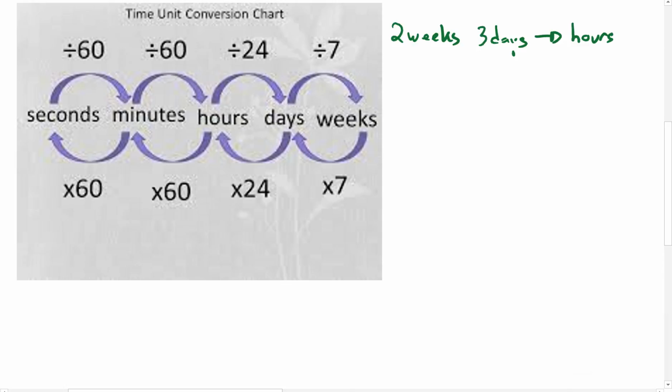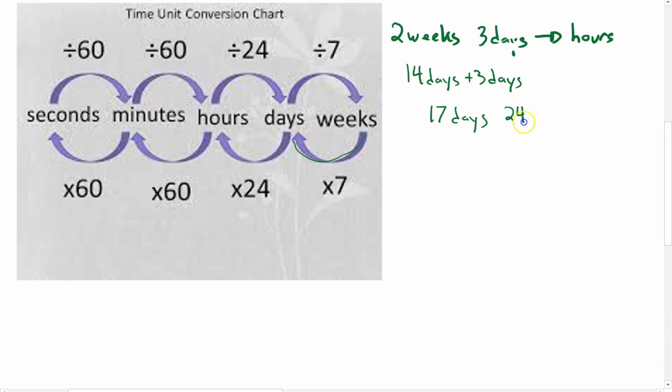To go from weeks into days, you can see here, we multiply by 7. And you probably know this already. This is 14 days plus 3 days, which gives us 17 days. And if I'm going from days into hours, I know there's 24 hours in a day.